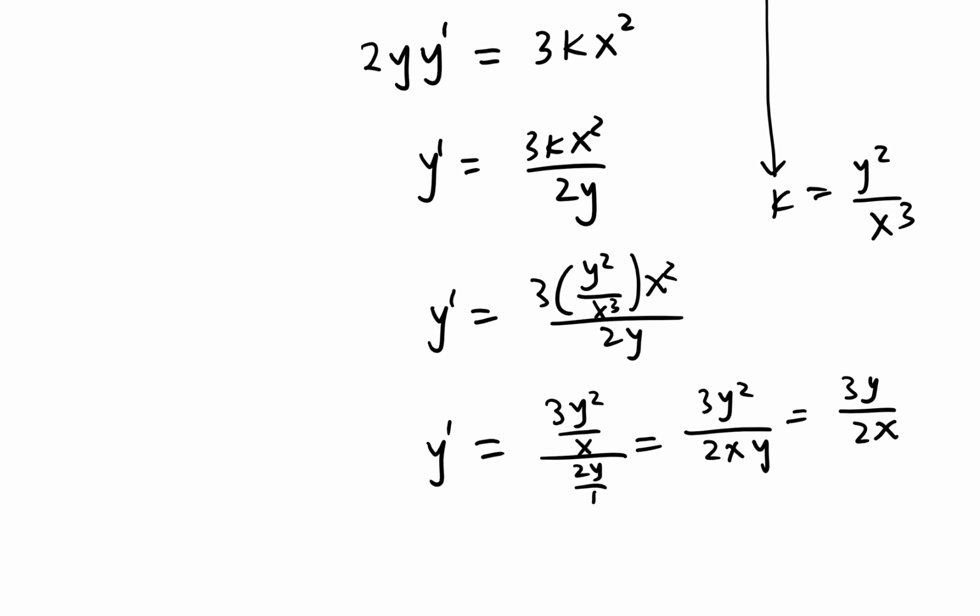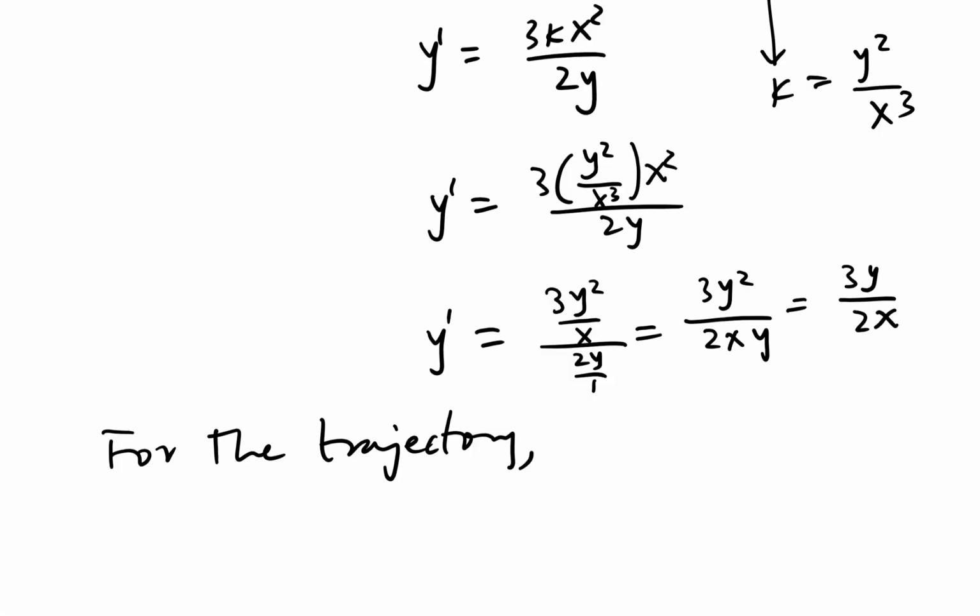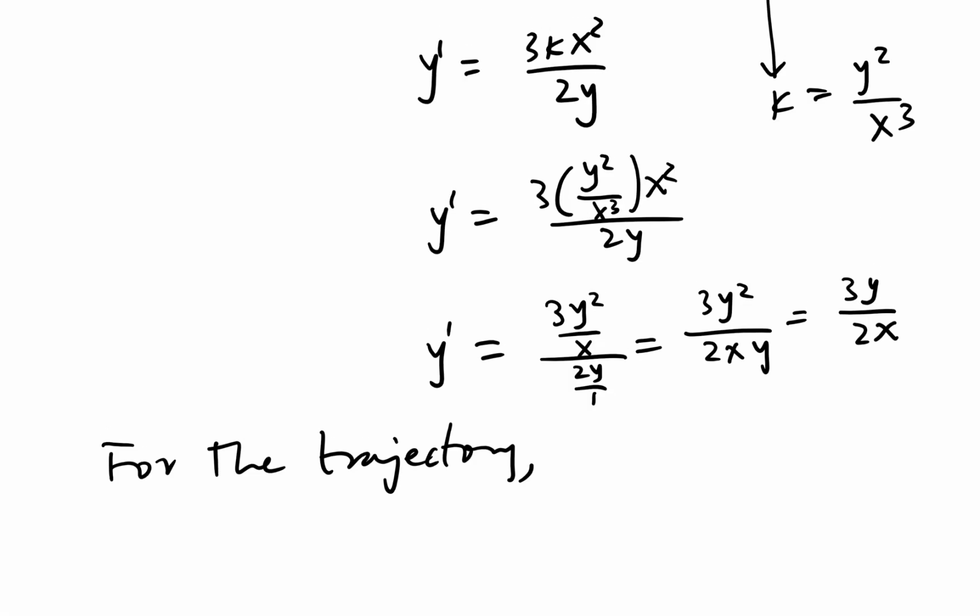Now, for the slope of the trajectory, we know two lines that are perpendicular have opposite reciprocal slopes. And remember, y prime at a point is the slope of the tangent line. So for the trajectory, the y prime, we flip this and switch the sign.